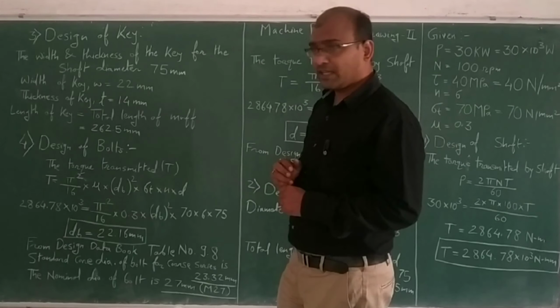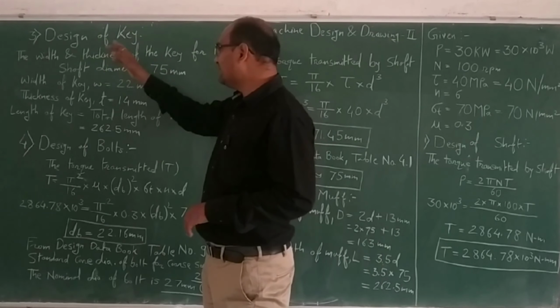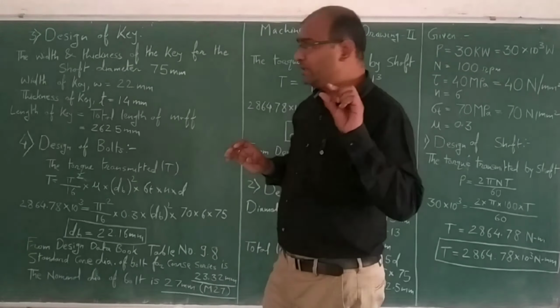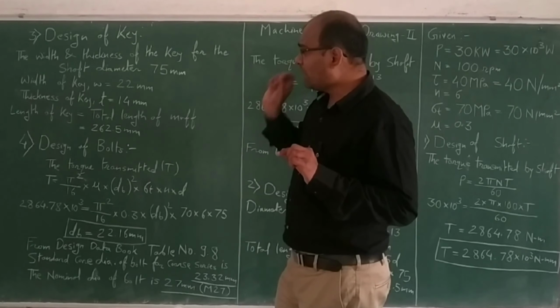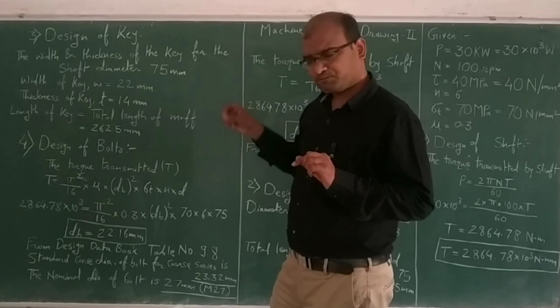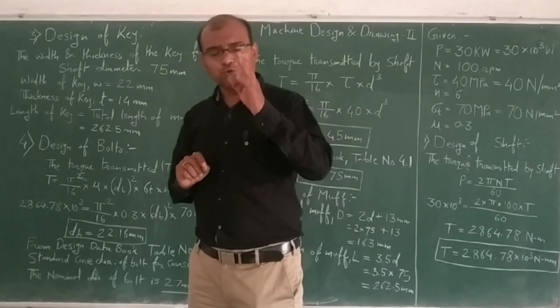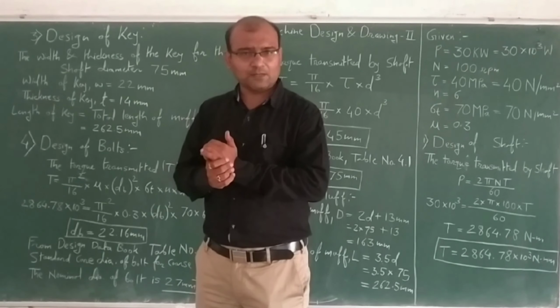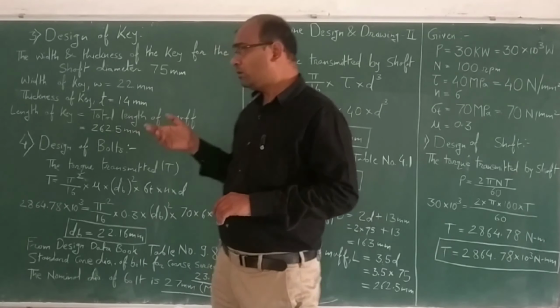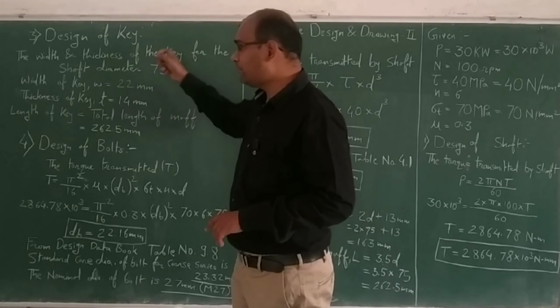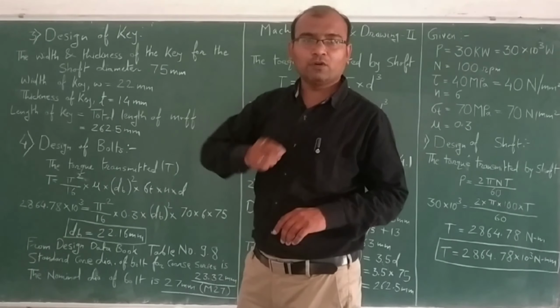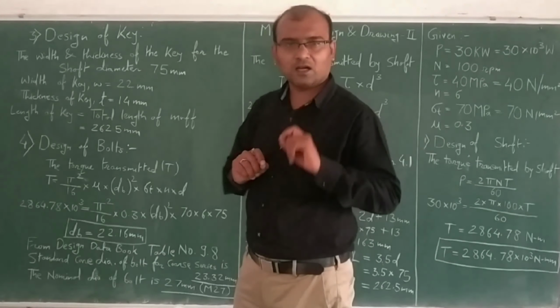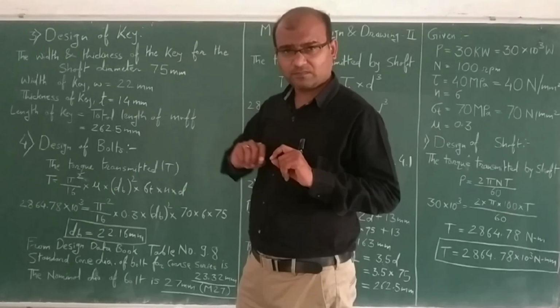In the design of key, the width and thickness of the key for the shaft diameter 75 mm, you can check your design data book. As per the design data book, for the diameter of 75 mm, you can check the width and thickness with respect to the table.